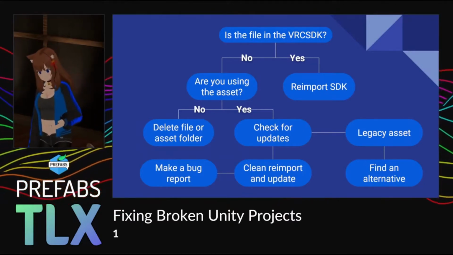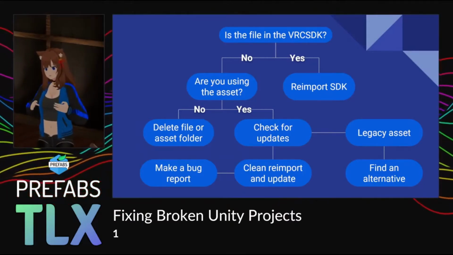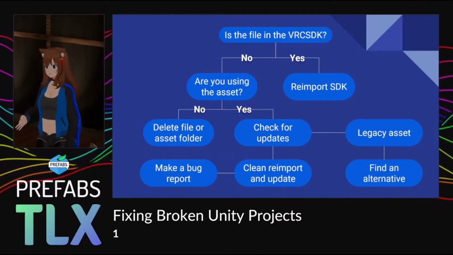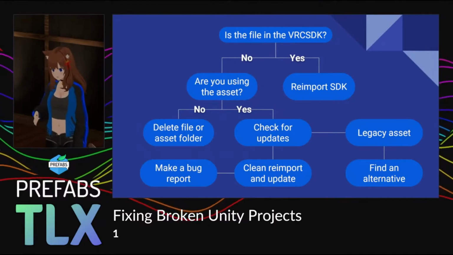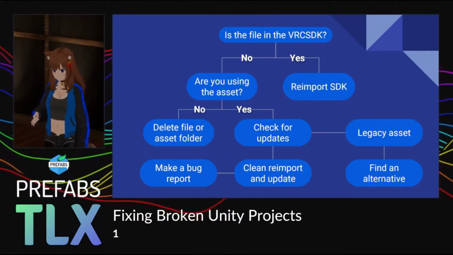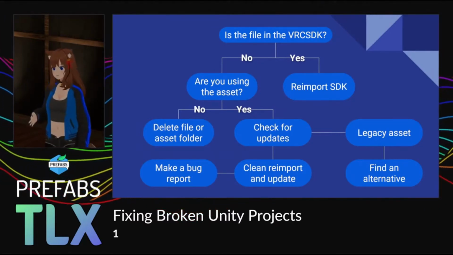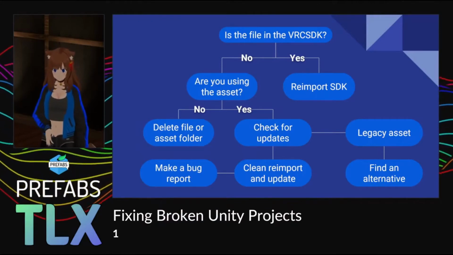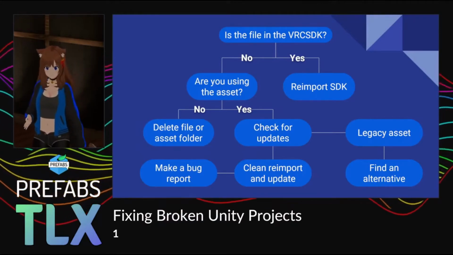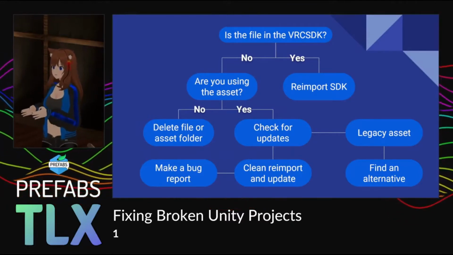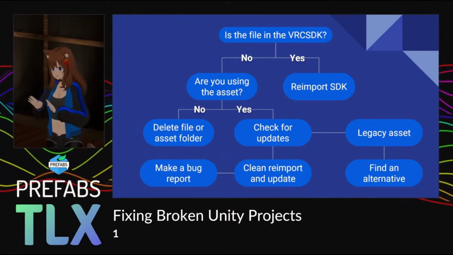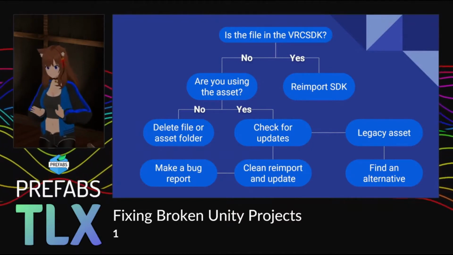If you are using it, it's recommended to go check for updates, like look up the GitHub page, or look up whatever release channel the asset is using, and do a clean import and update to the latest version. If it still persists, then it's good to make a bug report, because people who make things like to know when things break and like to know what needs fixing.